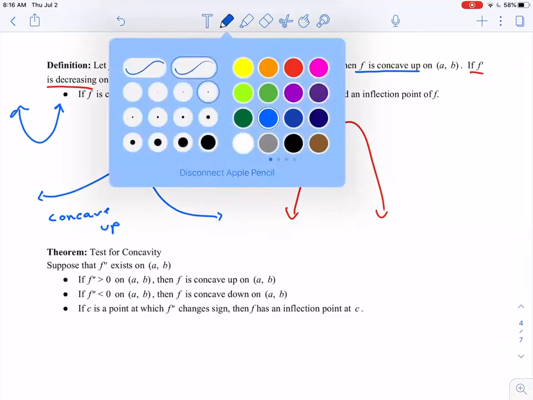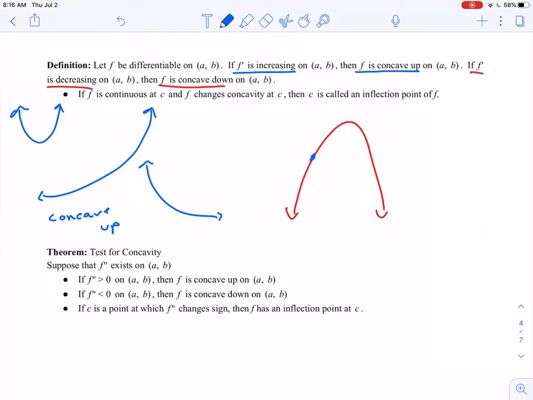And if I were to sketch in different tangent lines here, let's look at this tangent line. Well, the slope of that tangent line is positive. If I look at the vertex right here, my slope is 0. So I've gone from a positive number to 0, which means my number is decreasing.